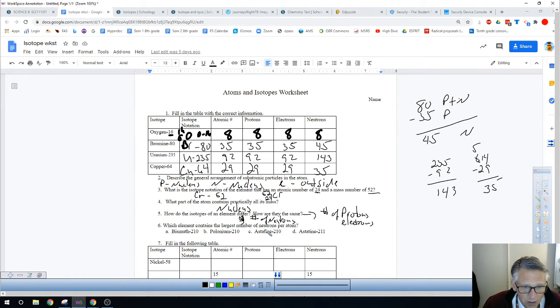Which element contains the largest number of neutrons per atom? Bismuth 210, and this may take me a while to find all of these. Okay, so bismuth is Bi, and if it has a mass of 210, and if it has 83 protons, that will give us 127.